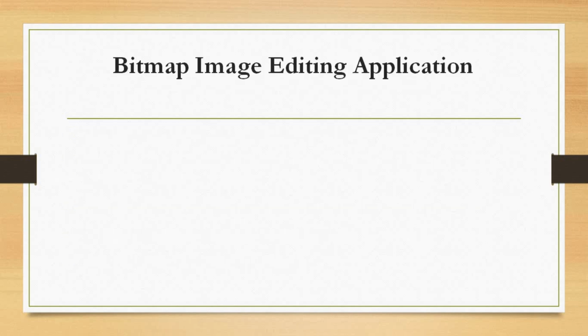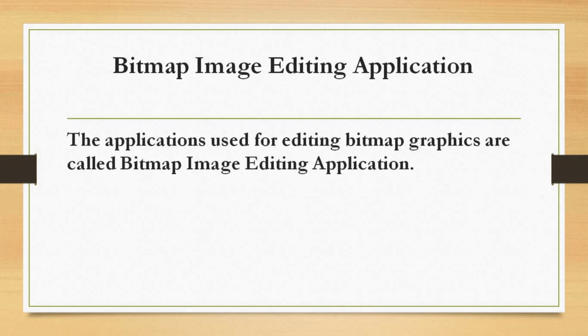Let's see what a bitmap image editing application is. The application used for editing these bitmap graphics is called a bitmap image editing application. These are the software or programs used for editing your bitmap graphics. What is bitmap graphics? The images made up of pixels.